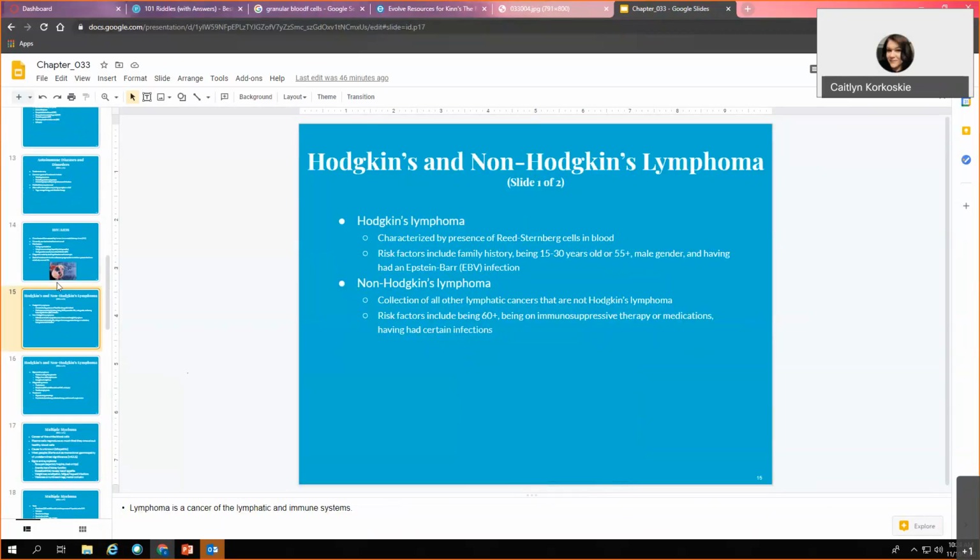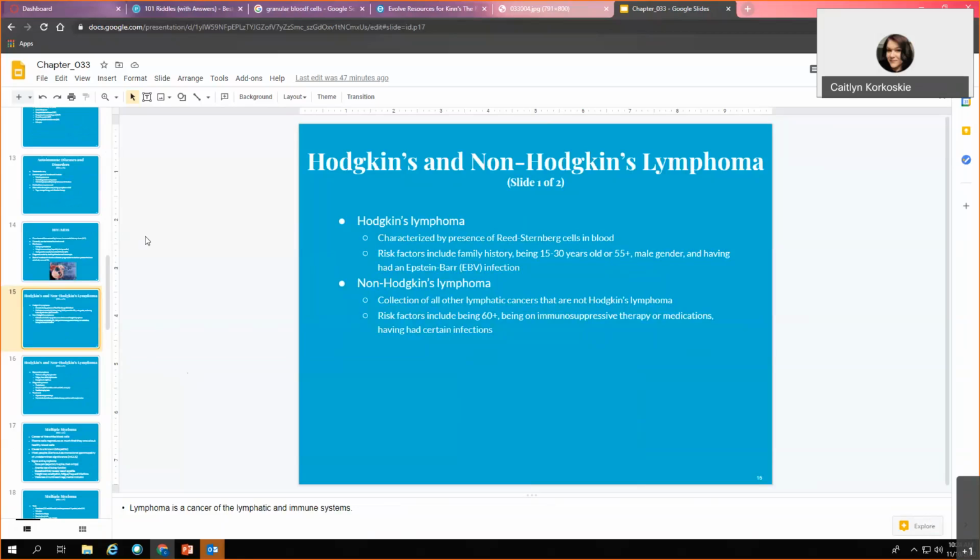Okay. So Hodgkin's and non-Hodgkin's lymphoma, the two different types, are characterized by the presence of a Reed-Sternberg cell in the blood, which is named most likely after the very first person that ever had this disease or disorder.